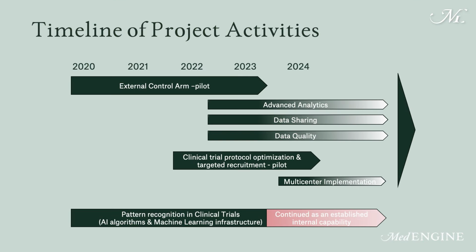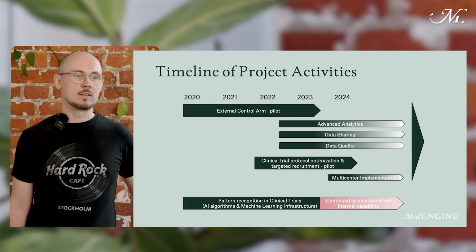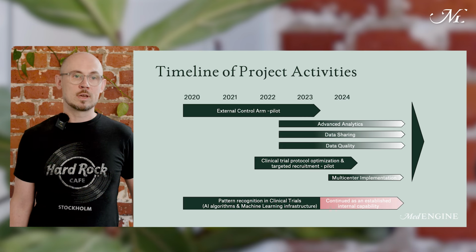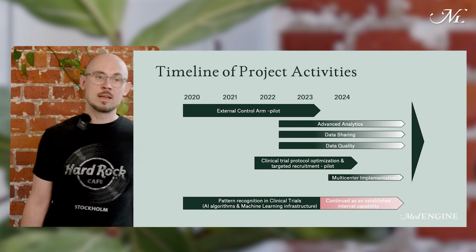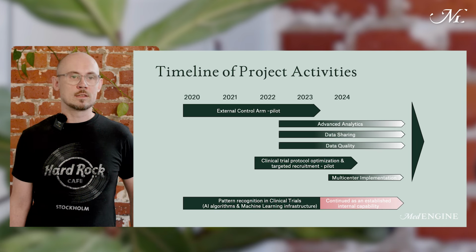This is the timeline of the project, which you can see now. We started our activities in 2020, doing the pilot external control arm together with MedEngine and Veil AI, in the therapeutic area of atrial fibrillation.